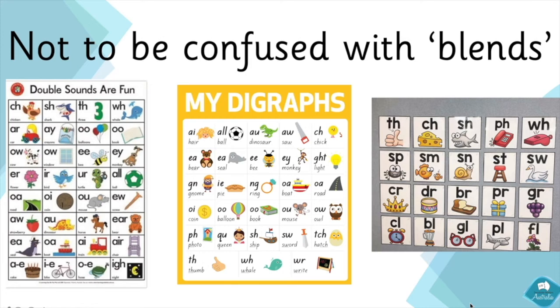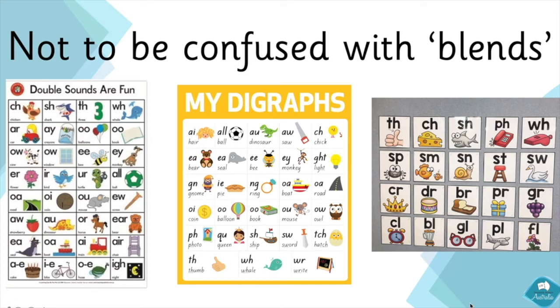But as you can see through it, we've got some digraphs, but we've got some other ones with three letters, and we know now that digraphs is two letters, di meaning two, and graphs means written down, that things like TCH, like hatch, that's actually not a digraph. It's got three letters. It's got another name, which we'll explore very shortly.